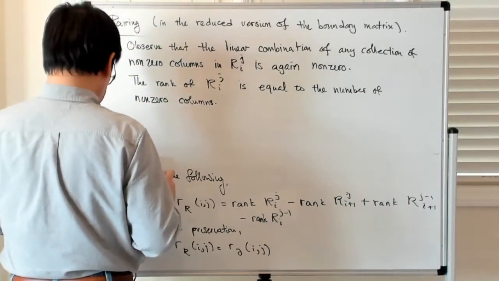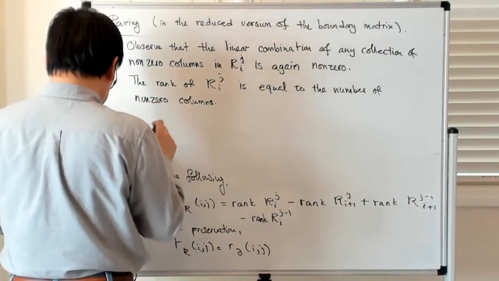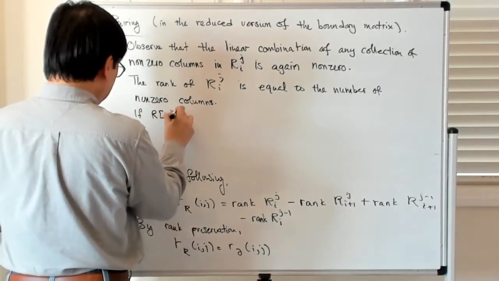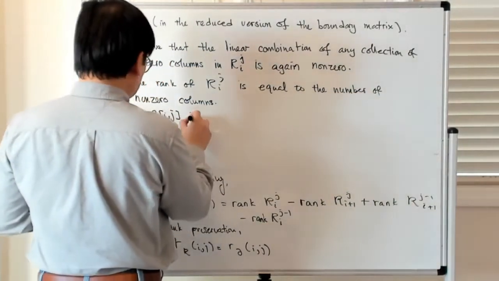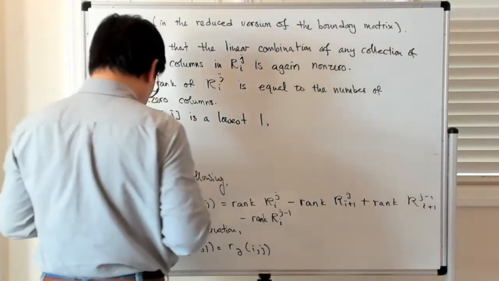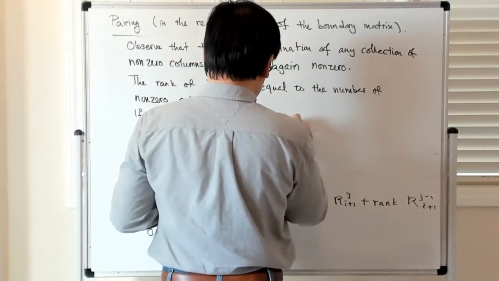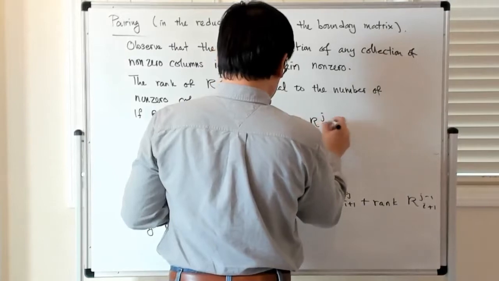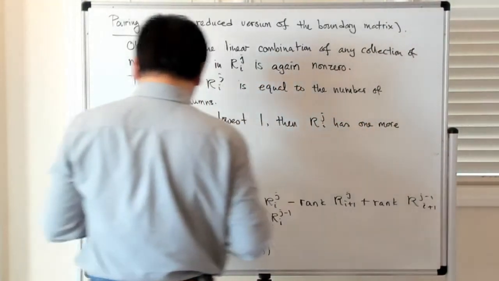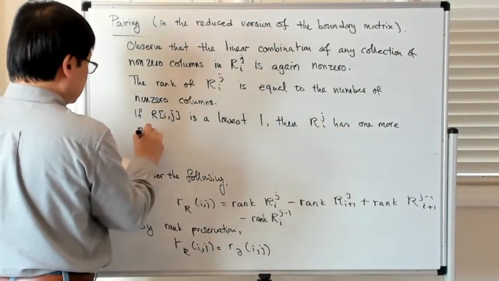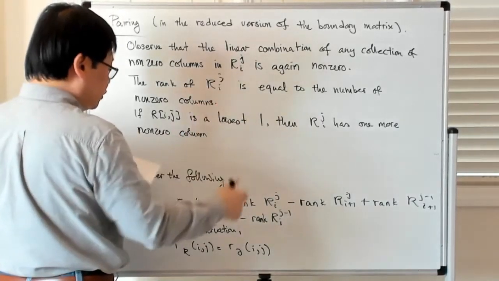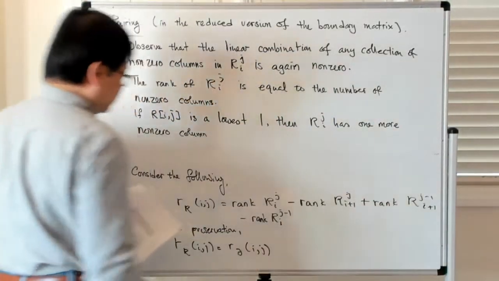Now, let's look at this R_ij entry. If R_ij is a lowest one, what does that mean? Then R_ij has one more non-zero column than the other three submatrices, which we see in this expression.